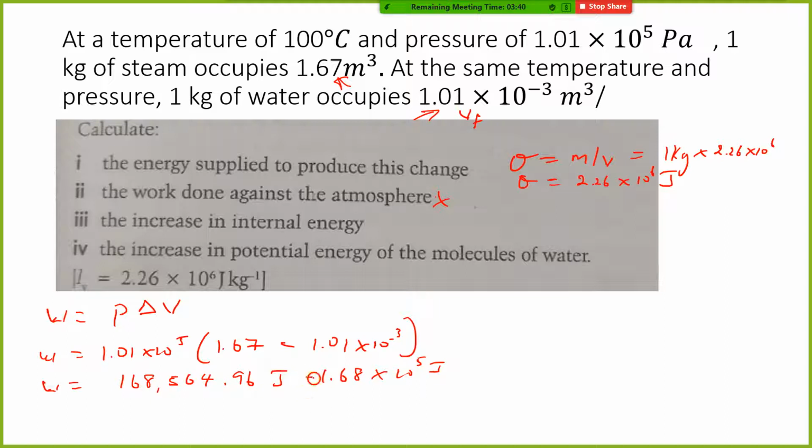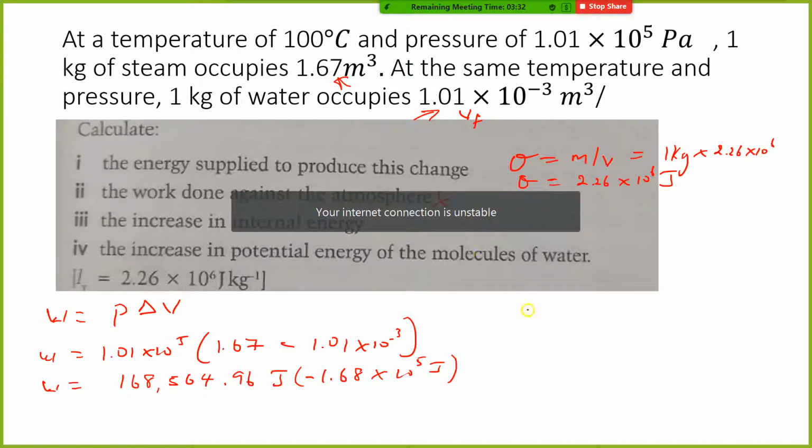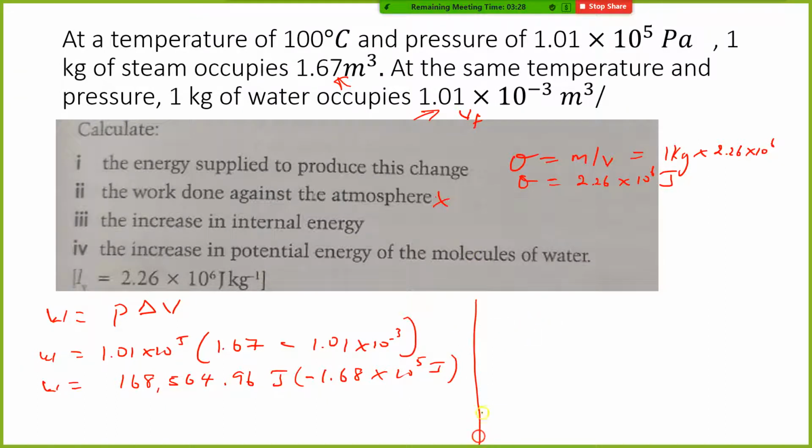Well, as we said, it's a minus because you're doing work against the environment. In a sense, you're losing heat, right? Or you're losing some amount of the overall internal energy. So if we go back now to correct the internal energy here, right? Internal energy is the heat plus the work that was done.